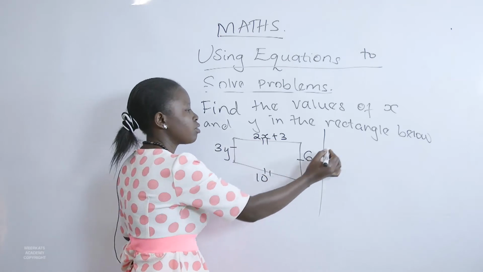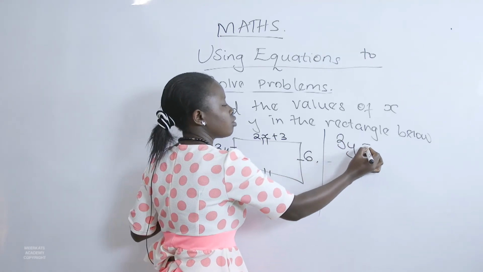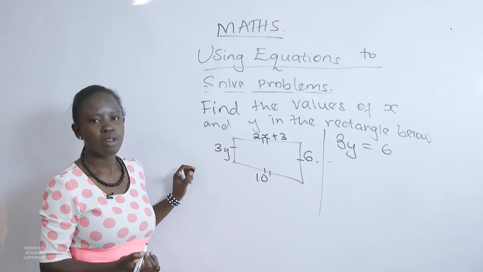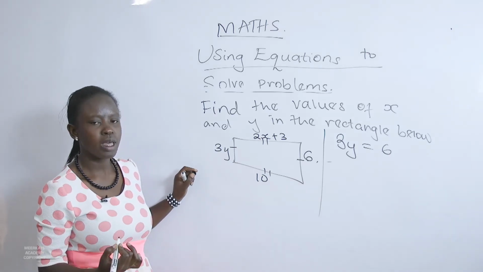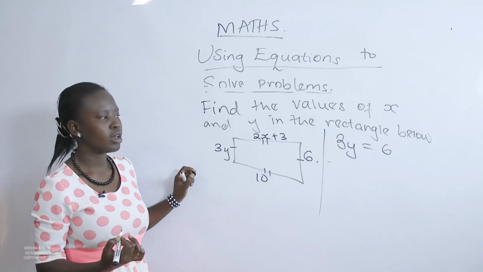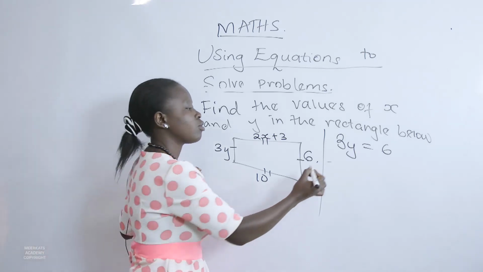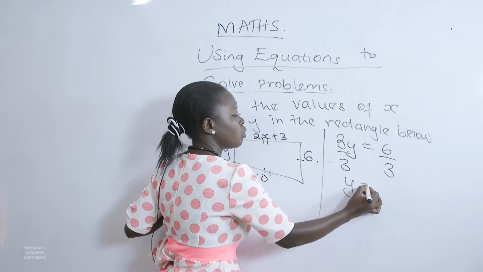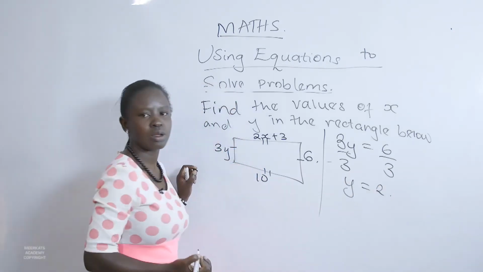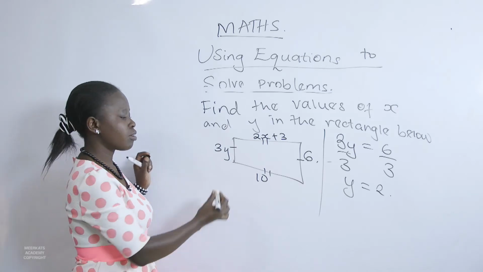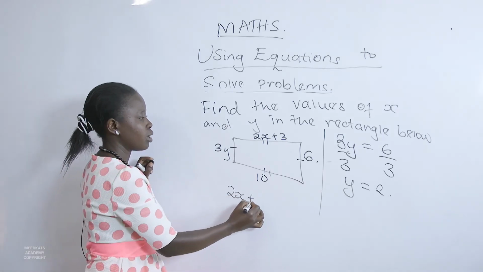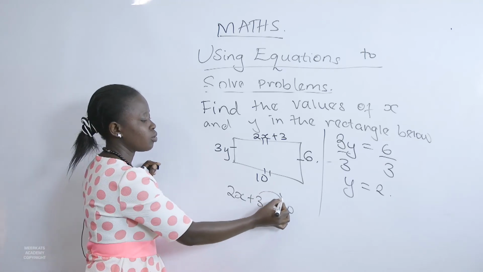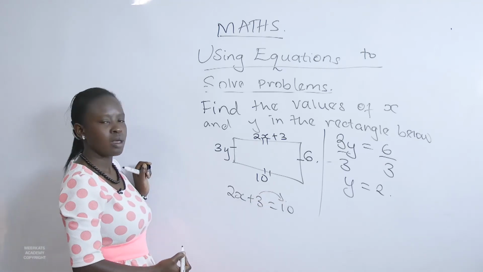So this simply means that 3y is equal to 6. If 3y is equal to 6, we need to get the value of y. That means we simply divide both sides by 3. So y will be equal to 2. Then next we have 2x plus 3 is equal to 10. Taking 3 to the other side, it will be minus.